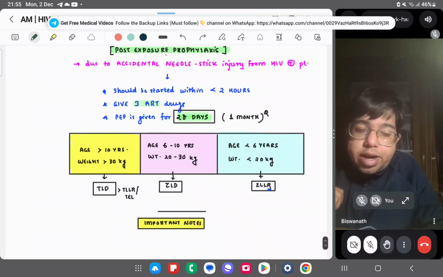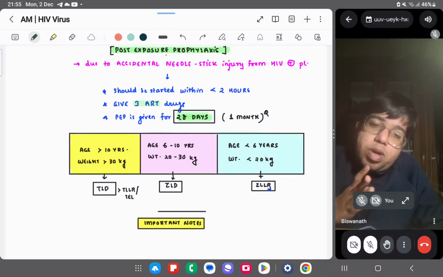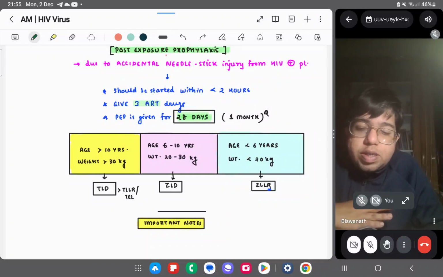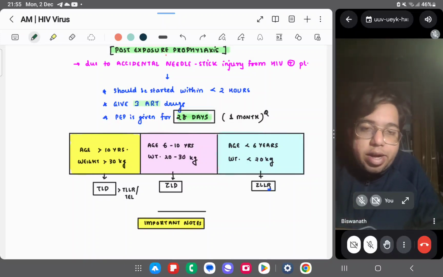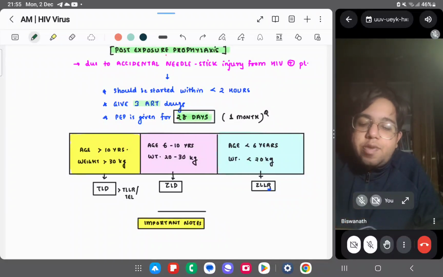You have to give 3 ART drugs, and PEP is given for 28 days, 1 month. This is the duration.